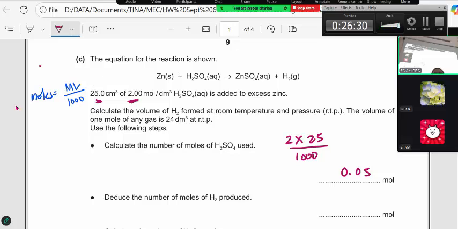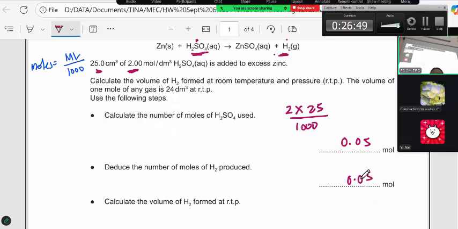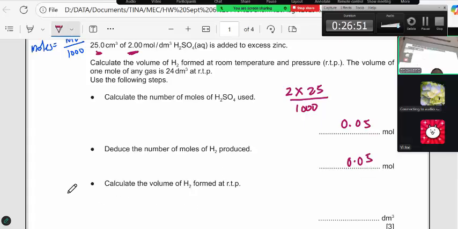Now, how do you find the number of moles of hydrogen? You use the ratio. So what is the ratio of sulfuric acid to hydrogen? Ratio 1 to 1. Remember that? So if this one is 0.05, this one also is 0.05. Amount of moles for volume of gas is volume over molar volume.